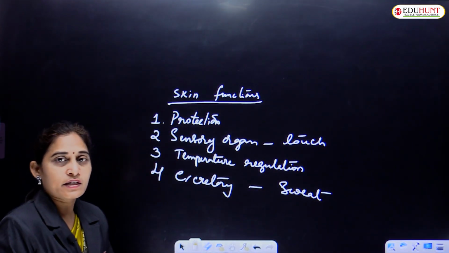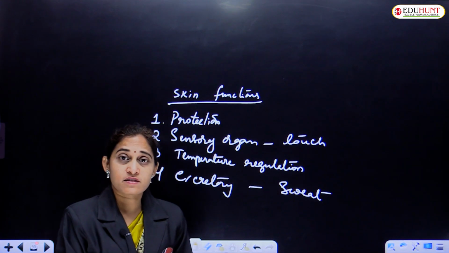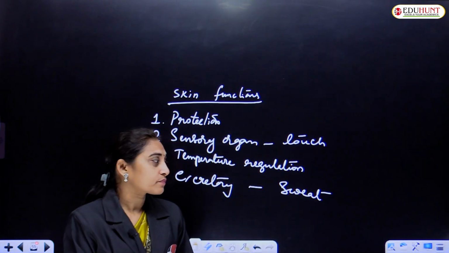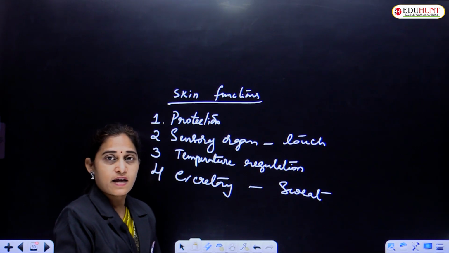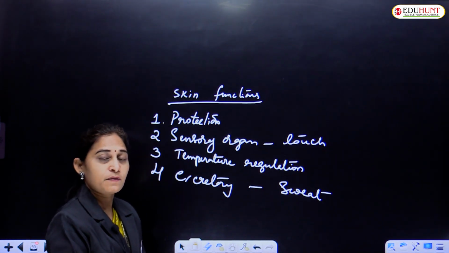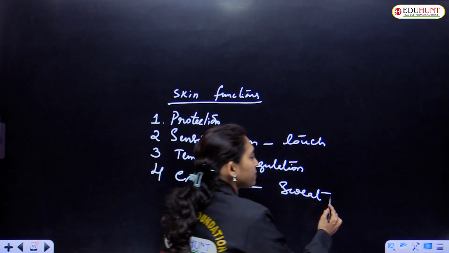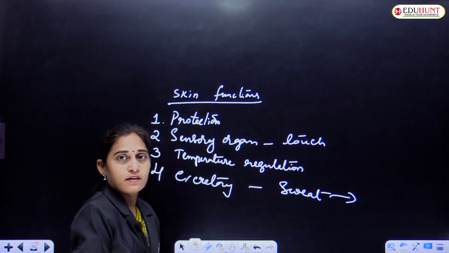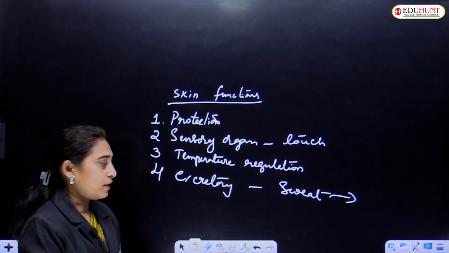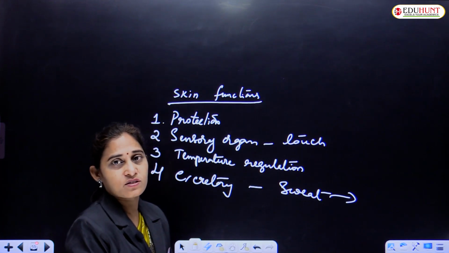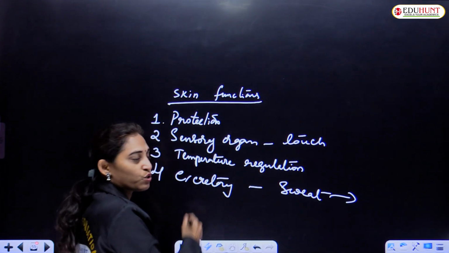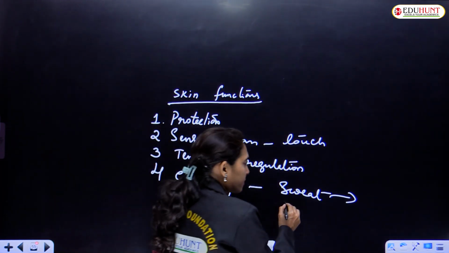Skin consists of sebaceous glands and sweat glands. Sweat glands secrete sweat, through which unnecessary toxins are eliminated from the body.